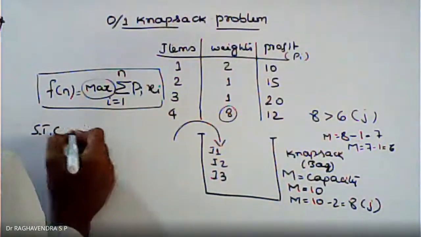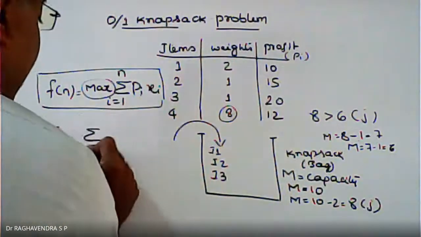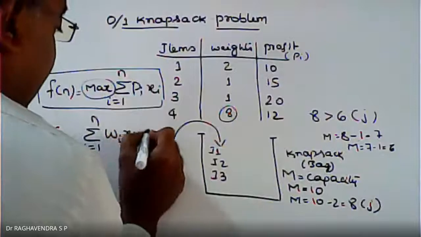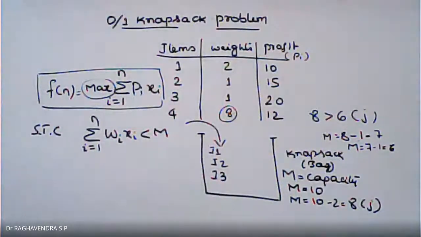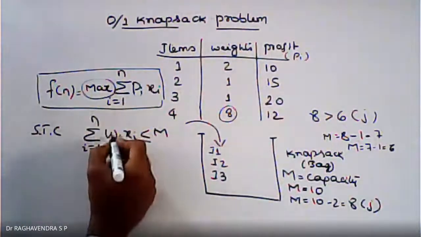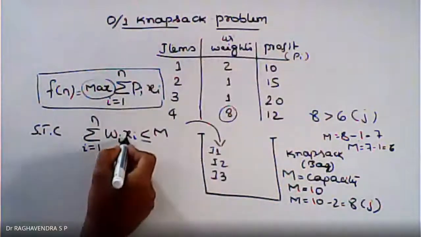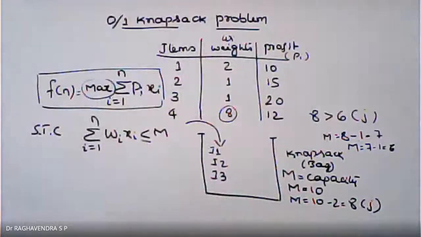The condition is summation i equals 1 to n wi xi less than or equal to M. Here wi represents the weights, into xi, where xi is 1 if the item is inserted and 0 if the item is not inserted.